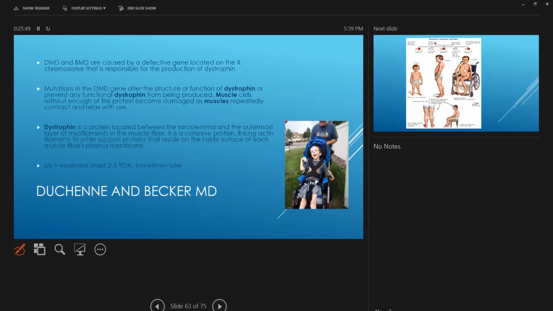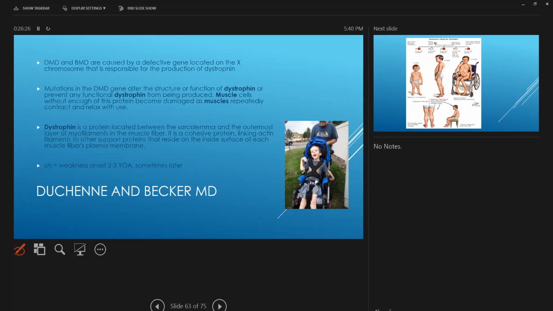So Duchenne's and Becker, we'll kind of use them interchangeably here, but they're basically a problem in dystrophin. So what dystrophin does is it helps the muscle cells. It's a structural component for muscle cells. The exterior of the muscle cells anchors to the cytoskeleton using dystrophin, and so they have an abnormality in the function of dystrophin, and that causes problems with the muscle cells. And then the muscles are repeatedly damaged as they contract and relax.